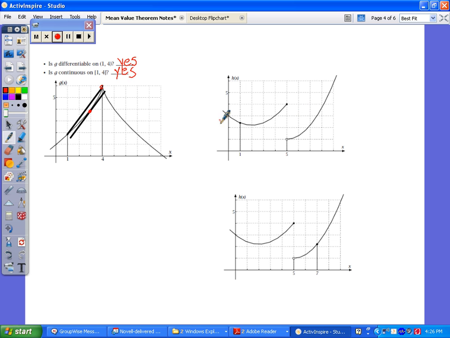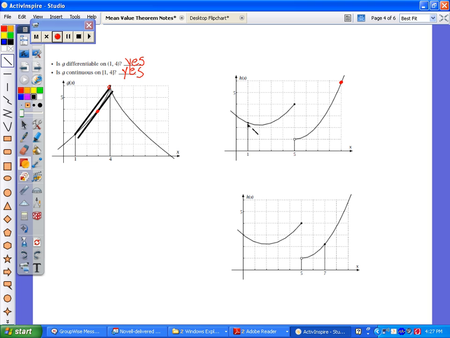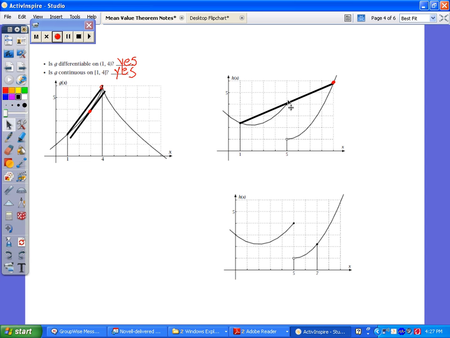So if we look at our first graph, if I look between 1 and let's pick 9, this point, and we draw the secant line, so this would be the secant line, and if I try to find if a tangent line is parallel, we can actually find a place where the slope of the tangent line is equal to the slope of the secant line.